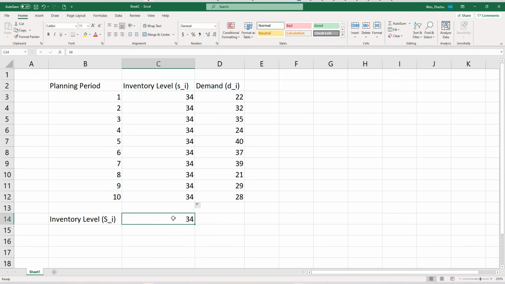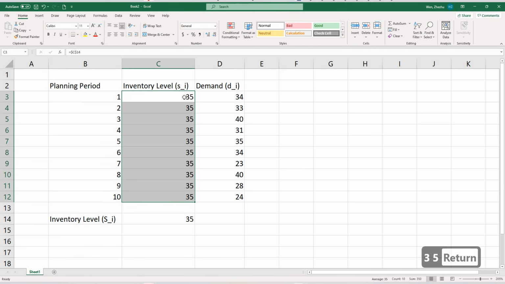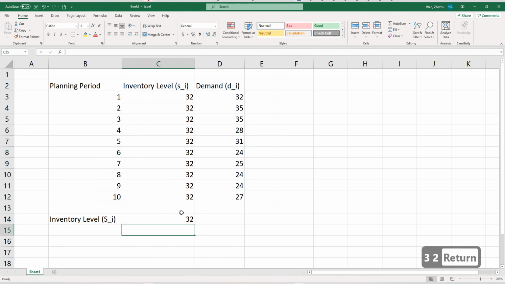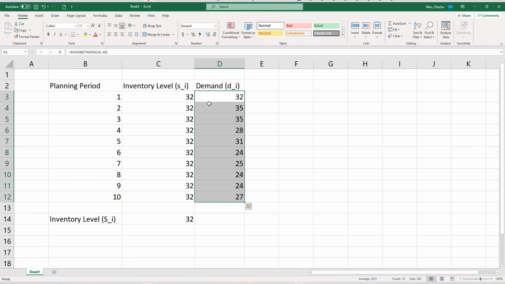If you change something here, they all change. This is also changing because it is using the random function. If you'd like to keep those as constant, static random numbers instead of changing every time, you can do this simple trick.